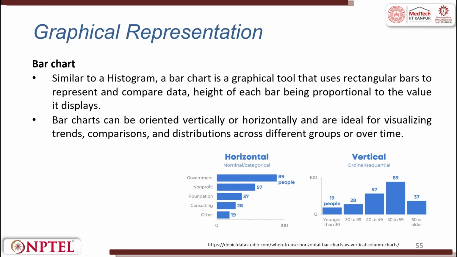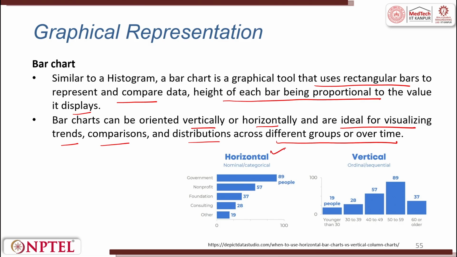Bar charts. Similar to a histogram, a bar chart is a graphical tool that uses rectangular bars to represent and compare data, the height of each bar being proportional to the value it displays. Bar charts can be oriented vertically or horizontally and are ideal for visualizing trends, comparisons, and distributions across different groups over time.